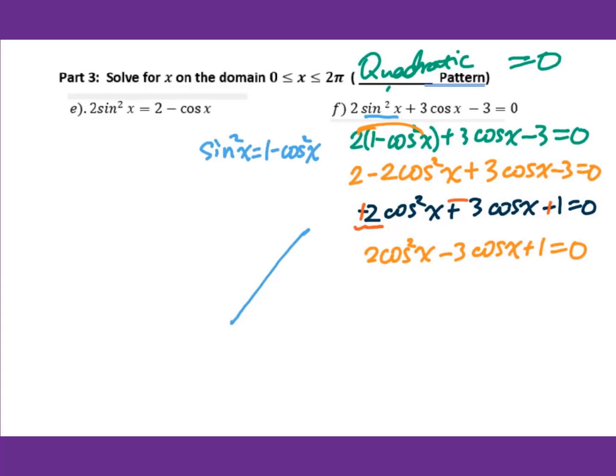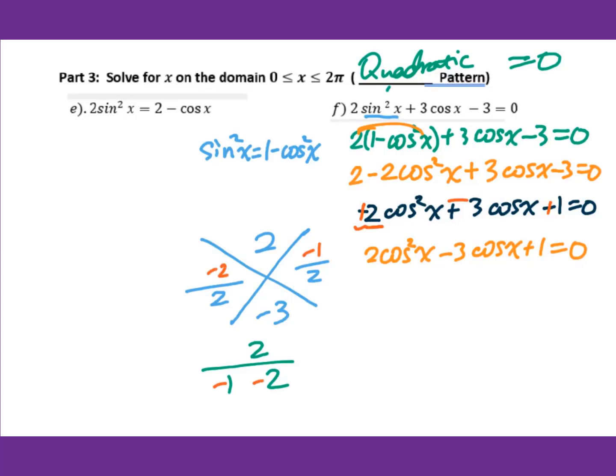We have to use ninja x to do the factoring. So we got the 2, negative 3, over 2, over 2. For 2, I got 1 times 2. Adding is 3, but we need -3. That's why we got -1, -2.